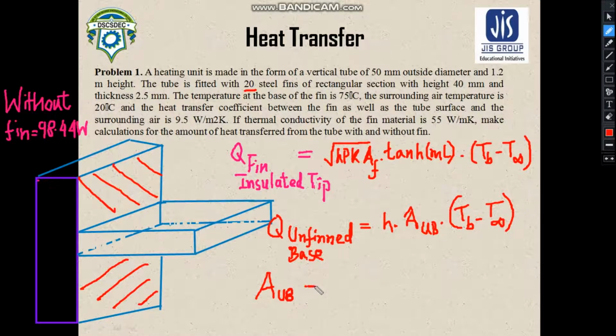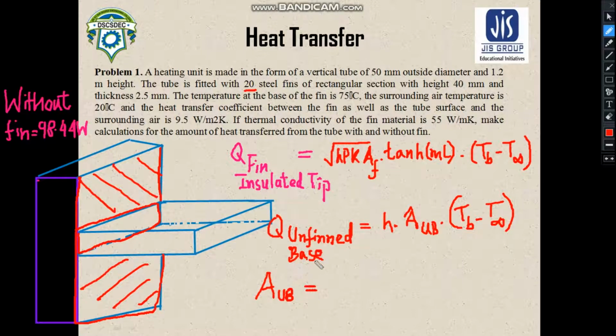First you calculate the total area of the base, then you subtract the area of the fins from it, then you will get the unfinned area. Very simple geometry. Suppose you are told to calculate the unfinned area, then what you will do is calculate this total area first, then subtract this area. That is what we are trying to do here. This is exactly what you will do, but instead of a single fin, there are 20 fins.